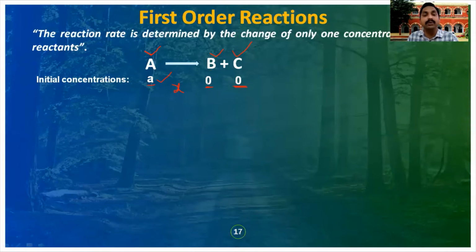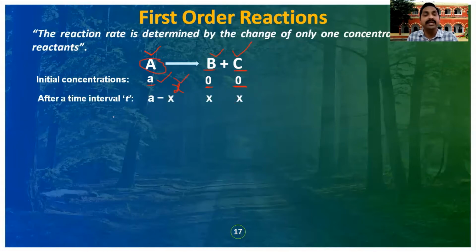It will be equal to X, because the change occurred in concentration of A is X in time T. In time T, reactant A has decomposed by X, so how much change will come in B and C? X, which means they will be formed by concentration X.